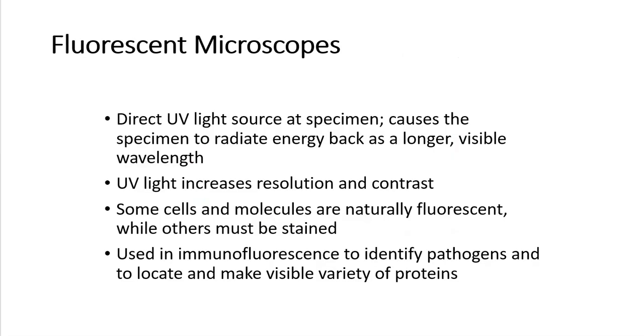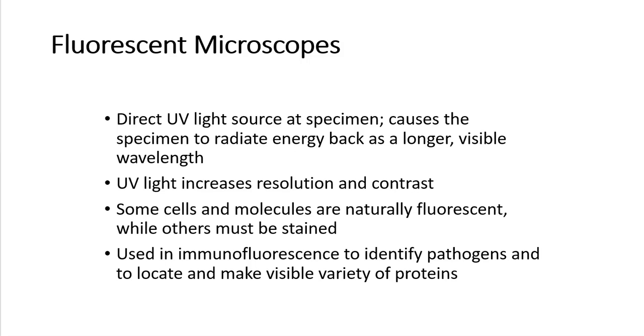We can use fluorescence. We can put a fluorescent tag and have these glow. We used to do that way back when to test for syphilis, and we'd attach a fluorescent tag to the spirochete, and if we saw little spirochetes, we could diagnose it. Basically, we take UV light as the source, and it causes the specimen to radiate energy back.